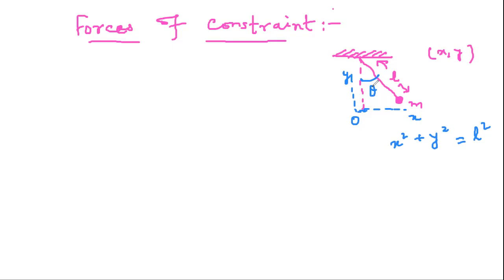So depending on the number of constraints which are holonomic in the system, you will get smaller number of independent variables. So if you have 10 variables, you have two constraints, holonomic, then your independent variables in the system will be 10 minus 2, that's 8.